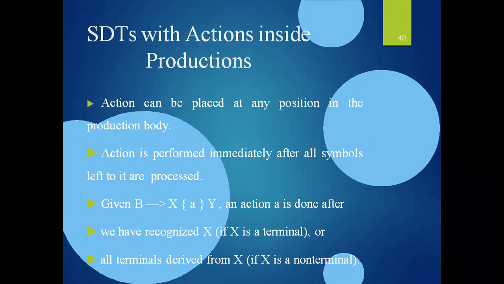Because it may be on the right hand side or it may be on the left hand side. At any position in the production body, the action can take place. And the action is performed immediately after all the symbols to its left have been processed. That means the left hand side symbols are processed immediately when the action is performed.